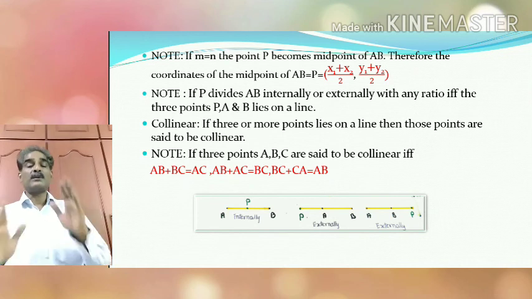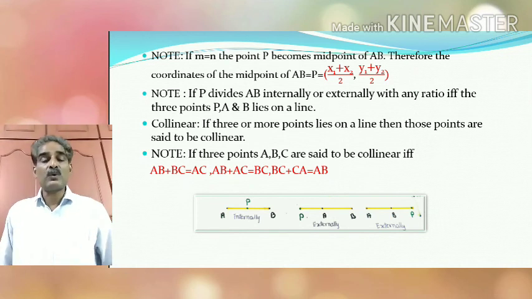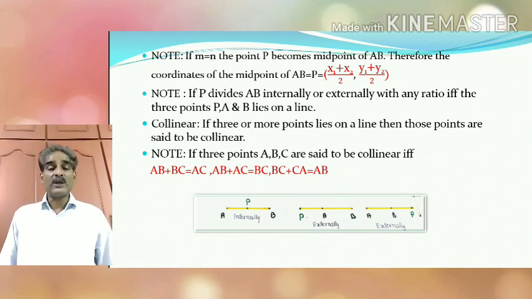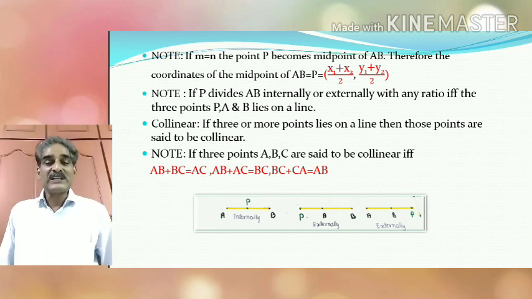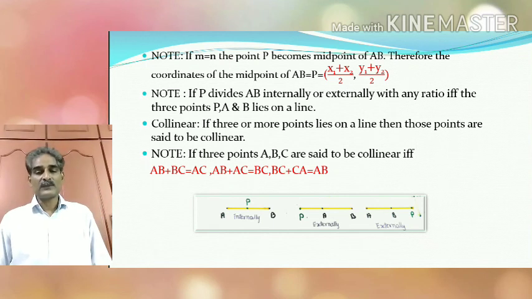So suppose the points are given, how can you find the collinearity? Simple. Here we can follow 2 methods. One is by using the section formula, another one is by using the distance formula. Suppose A, B, C are given, how can you prove that the points are collinear? Just simply find the lengths AB, BC, CA.